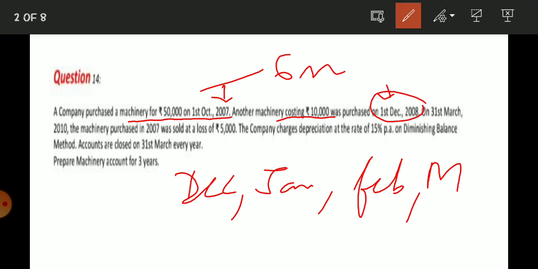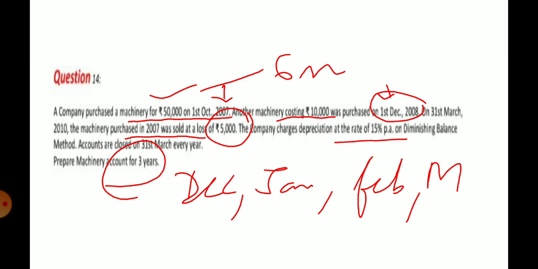And in 2010 the machinery which was purchased for 50,000 is sold at the loss of 5,000. The rate of depreciation is 15% per annum. So you have to prepare 3 years machinery account. Now we will prepare that.